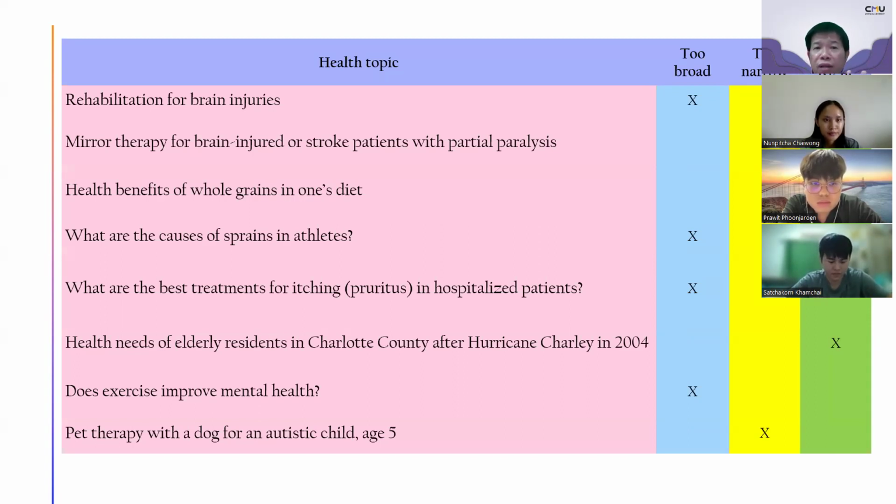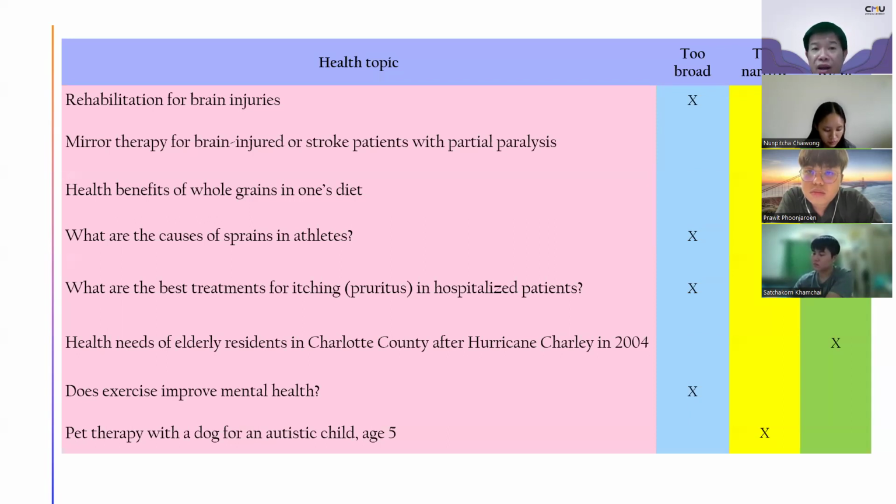Okay, look at this example. Health topic: rehabilitation for brain injury is too broad. Sometimes you need to find mirror neuron or mirror therapy for brain injury or TBI, right? Or stroke with partial paralysis.